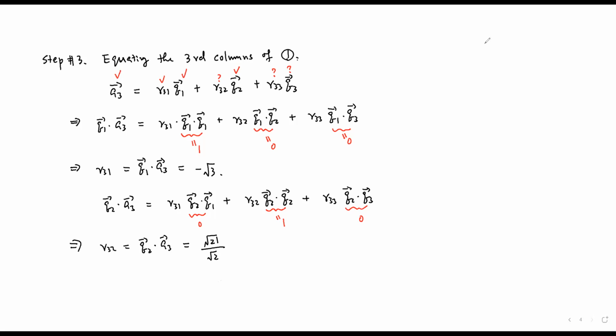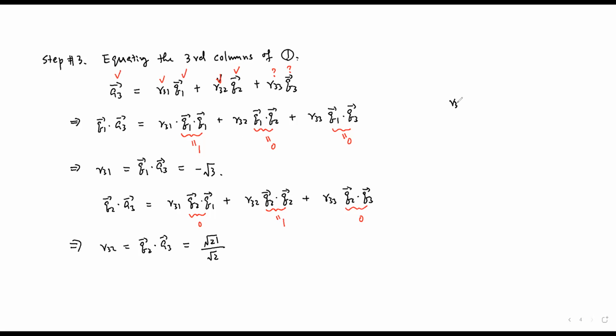Now I know R32. Remove the question mark. Now, finally, determine R33 and Q3. Move the first term and second term to the left-hand side.